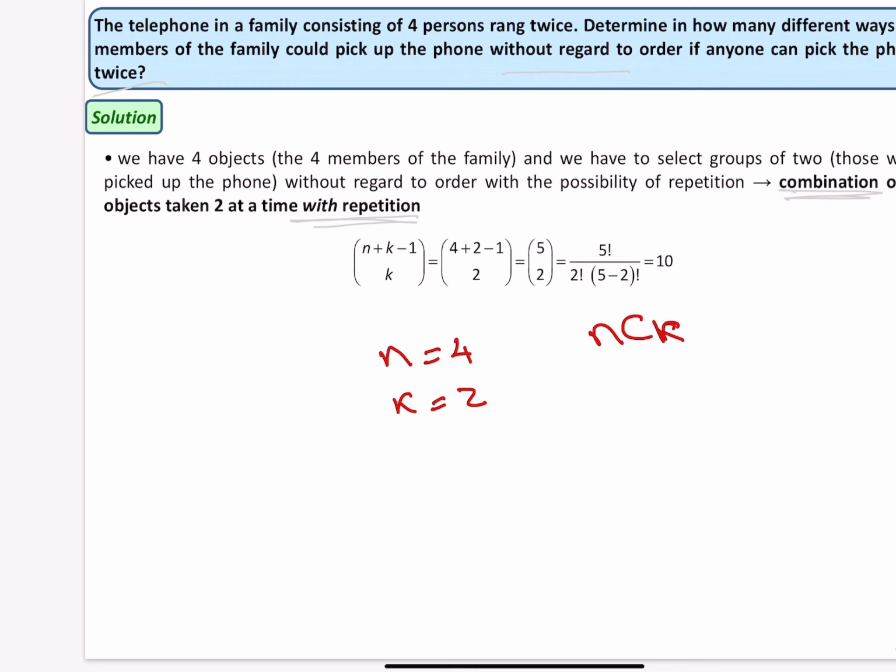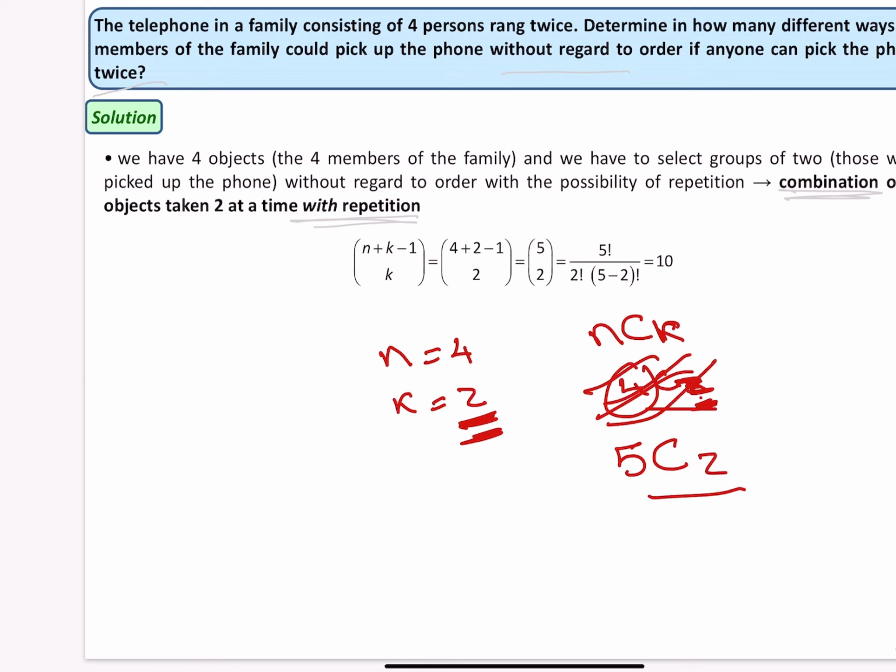It will be 4Ck, but this is not the right thing because we are in the case of repetition. It will not be 4C2 because we are in a repetition case. So it will be 4 plus 2 equals 6 minus 1 equals 5. So it will be 5C2.